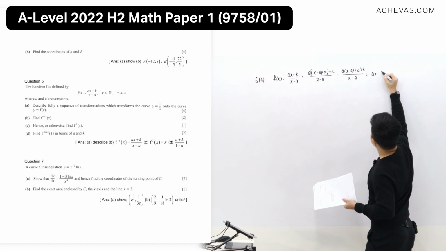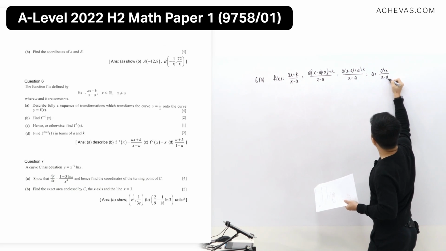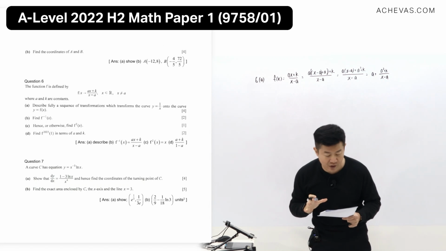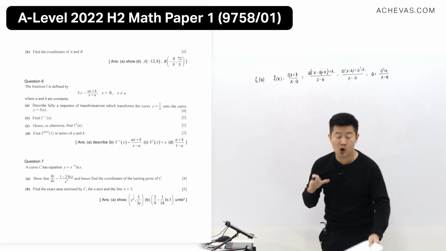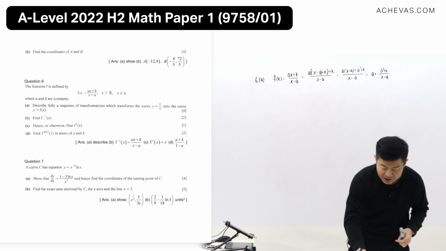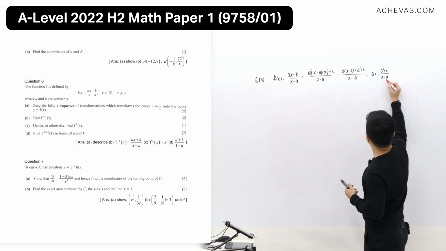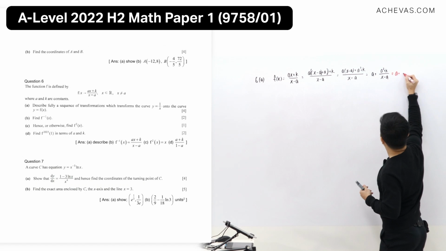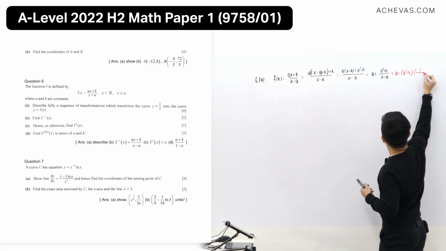Then this over this is an a squared plus k over x minus a. But let's not forget about a and k, which are constants, which means that I can also try to view this as a plus a constant, a squared plus k, multiplied by 1 over x minus a.